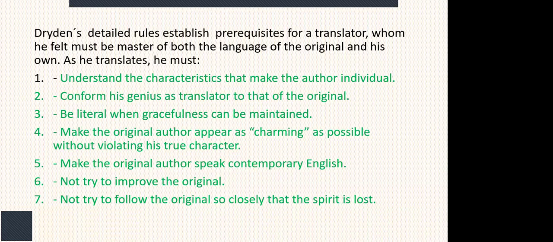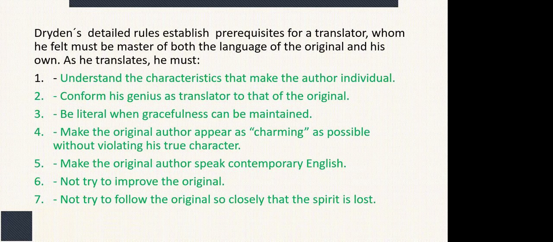Make the original author speak contemporary English. So if a person we're translating for produced some piece and it's not clear or it's confusing, then we should be able to modernize or update whatever it is that they're referring to.